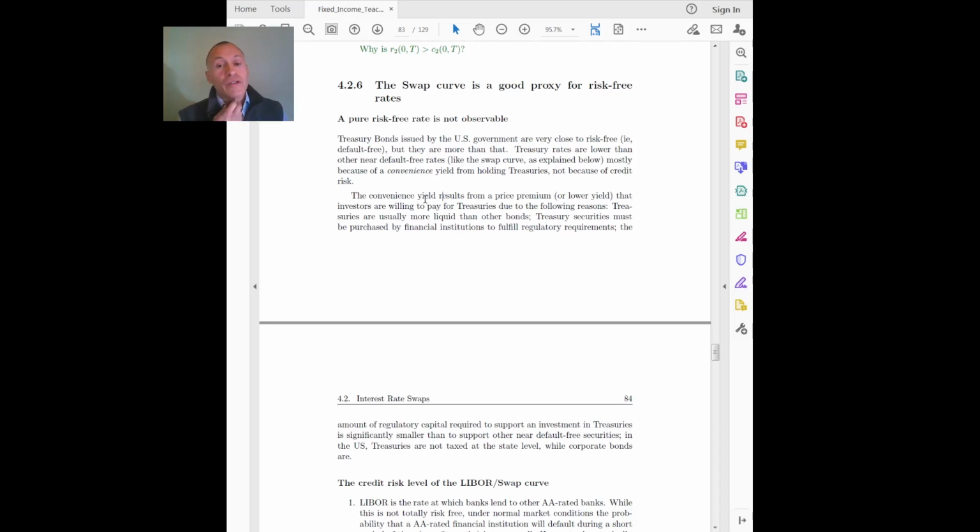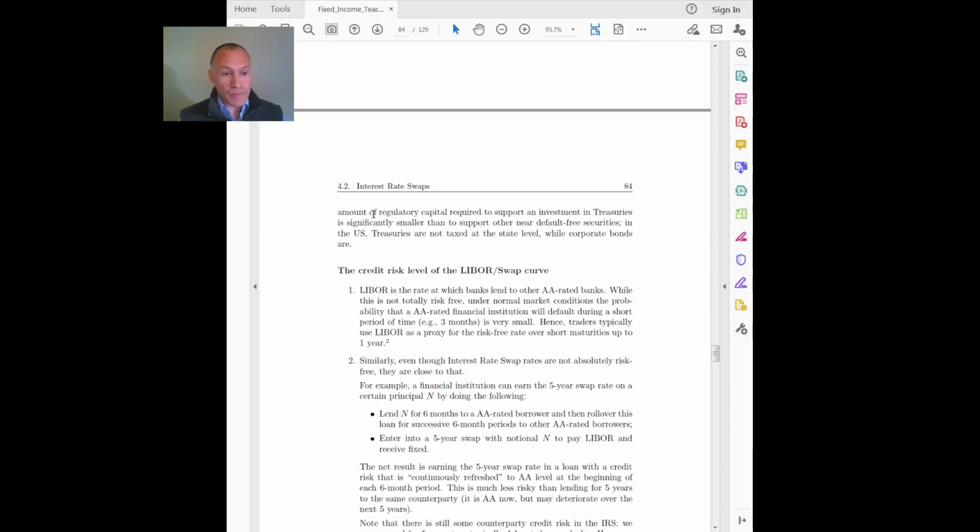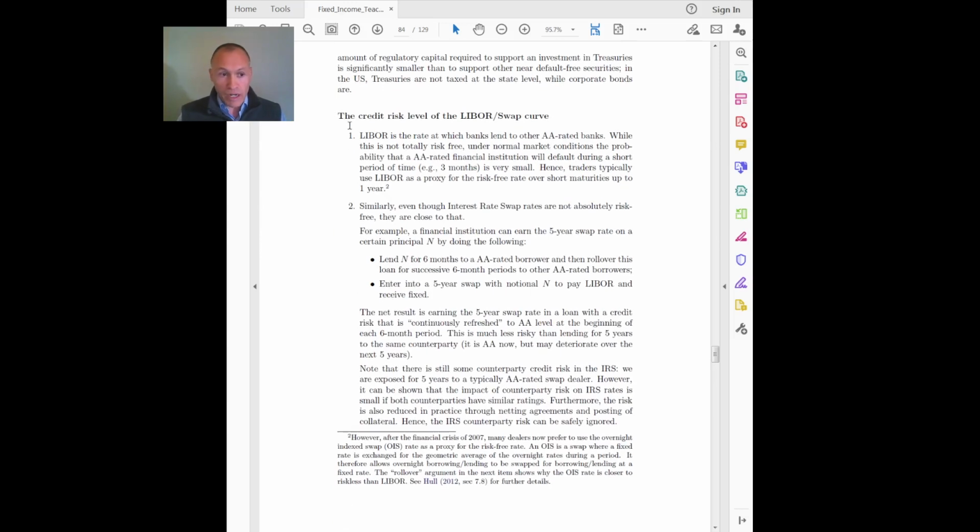So what we are going to do is look for something that is a proxy to that unobservable asset which we would like to have, which would be something that was risk-free but nothing else. That does not exist, but I will try to convince you that this LIBOR swap curve that we just discussed is a reasonable proxy. So it's a reasonable approximation to something that we cannot really observe: a pure risk-free rate that is not contaminated by anything else.